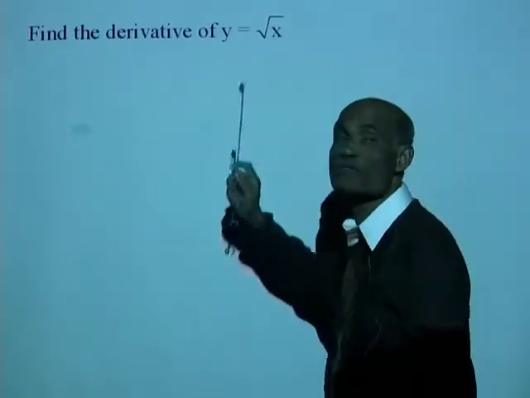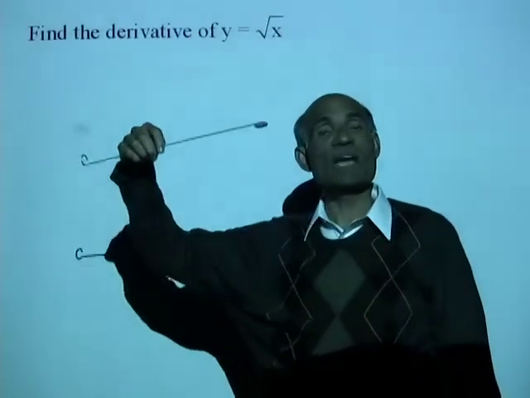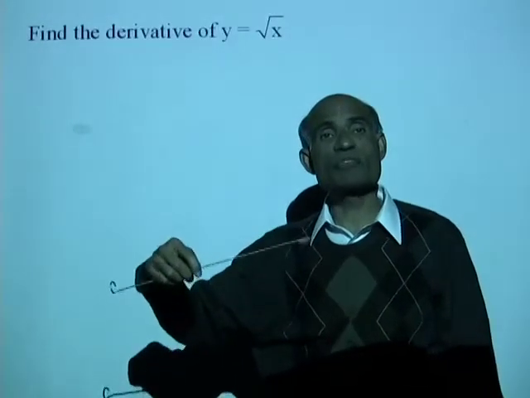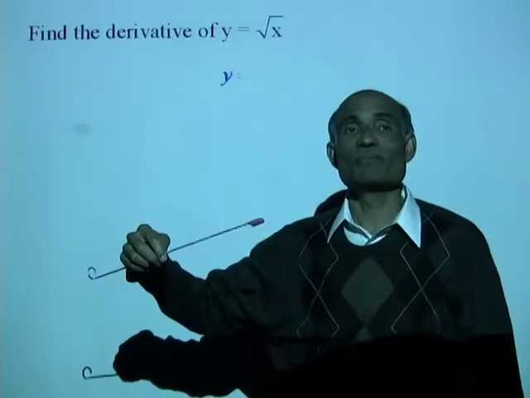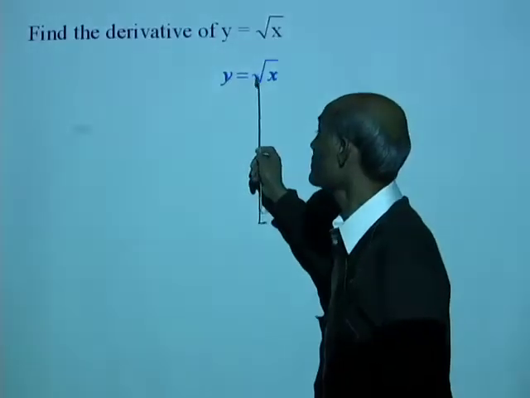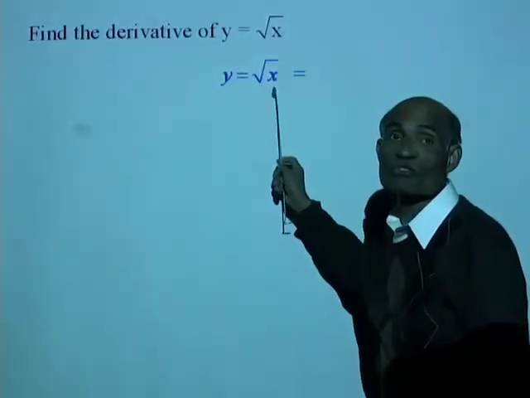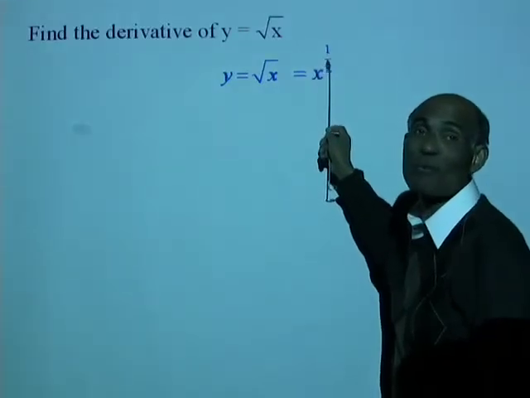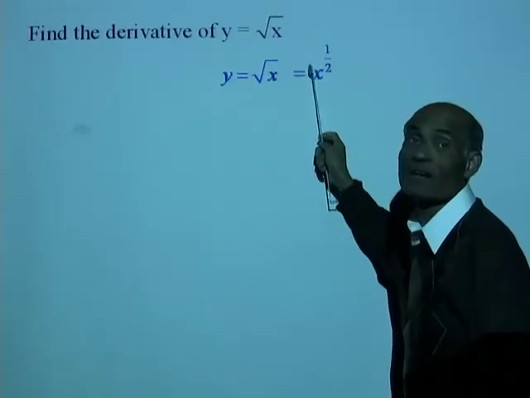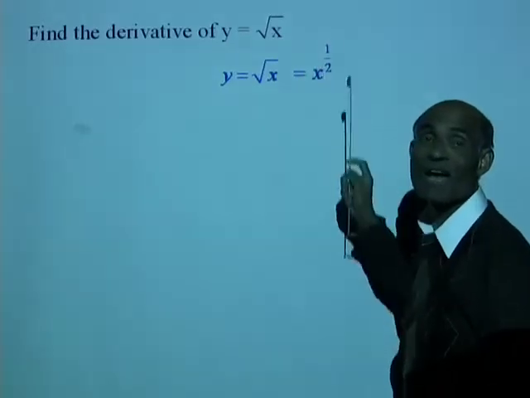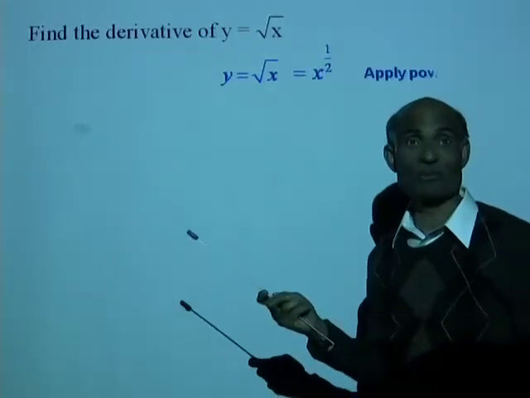Can you write square root of x using a power? What is square root of x as x raised to the power of what? Well, y equal to square root of x is the same as x to the power of 1/2. So, in this case, a equal to 1, n equal to 1/2, you can use the power rule.